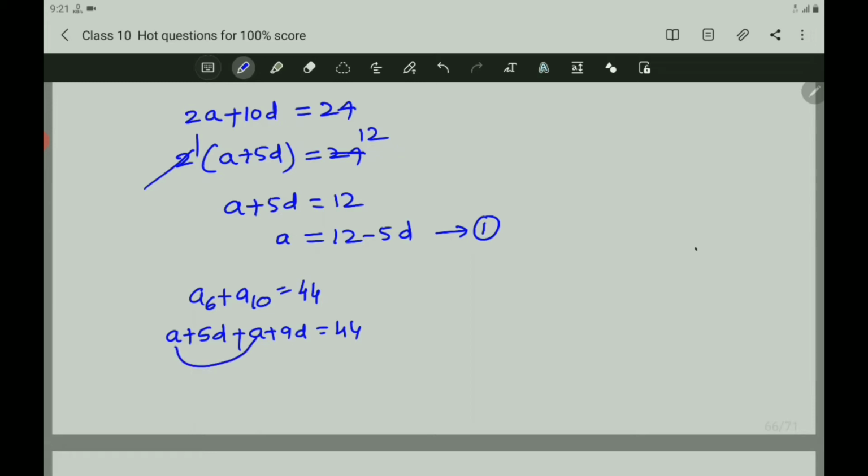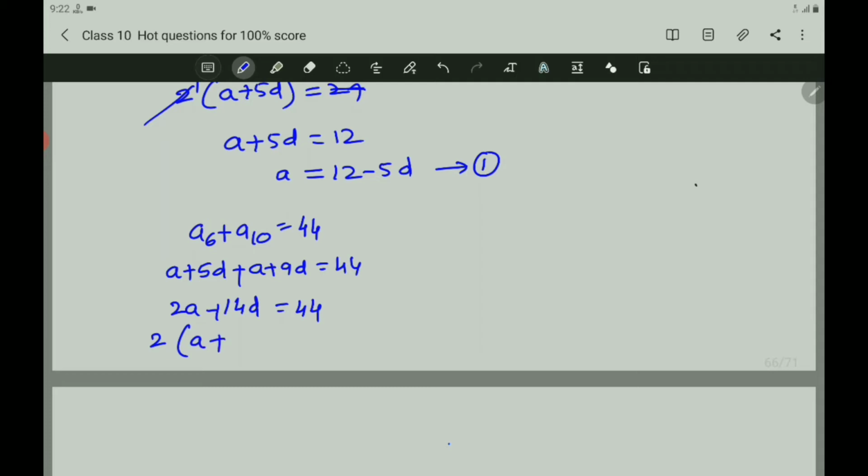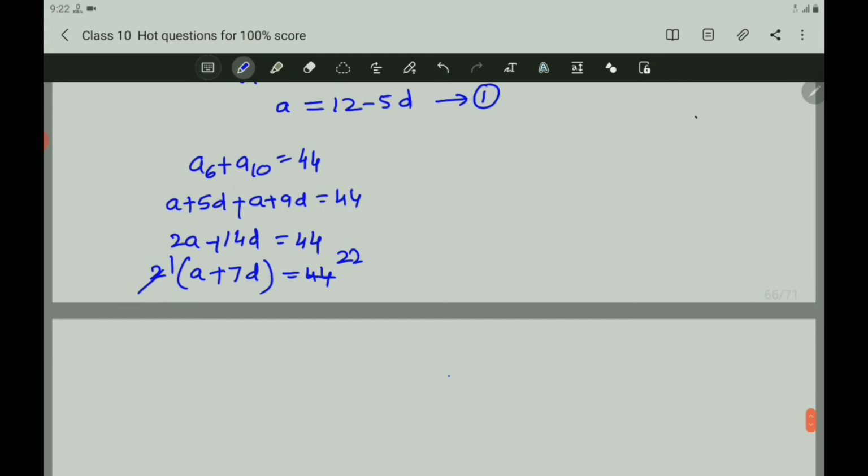Then A plus A is 2A, plus 5D plus 9D is 14D, equals 44. Now you take 2 common, that is A plus 7D. So you got 2 into A plus 7D equals 44. Then you can cancel: 2 ones are 2, 2 22s are 44. It becomes A plus 7D equals 22.